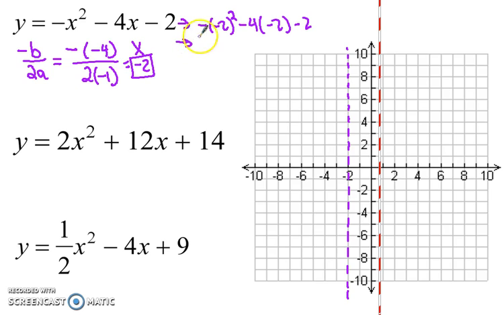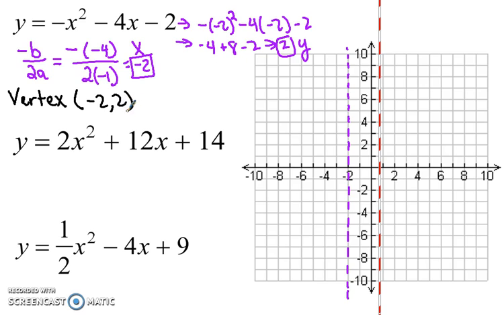That is positive 4 with a negative on it, and that's positive 8, minus 2, so that gives me 2. So we know our y value is going to be 2. So our vertex is going to be negative 2, 2. So let's put that on this graph. So negative 2, 2. There is our vertex.